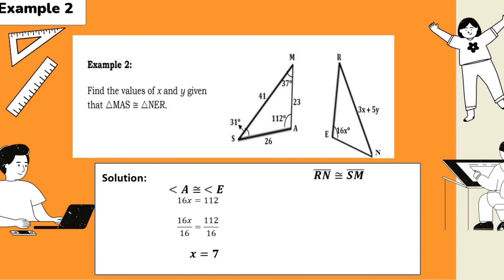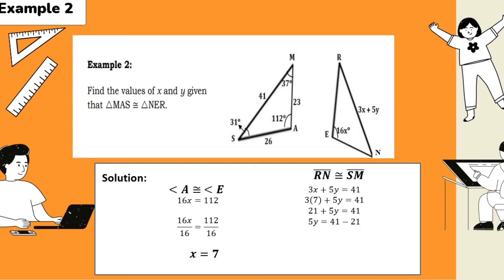Now, let us compute for the value of y. Since segment RN is congruent with segment SM, we can say that the value of RN, which is 3x plus 5y, is equal to the value of SM, which is 41. Let us now substitute the value of x, which is 7. 3 times 7, that is 21, plus 5y is equal to 41.